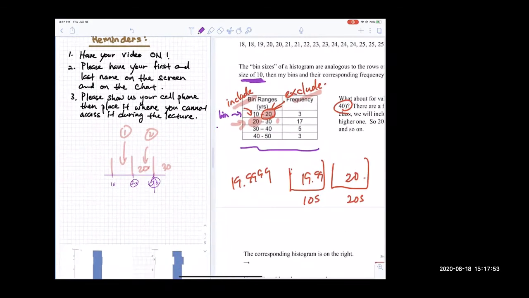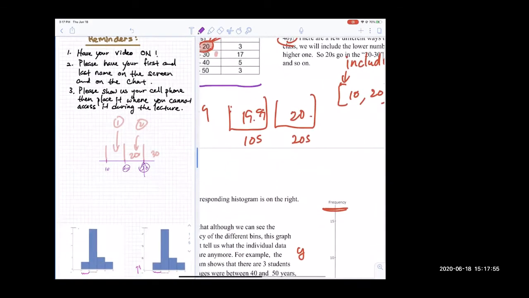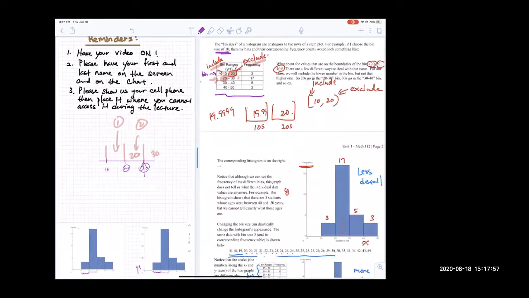Okay, great. So in interval notation, Alex and Joseph will actually go over a lot of the histogram work through StatCrunch in their tutoring session.